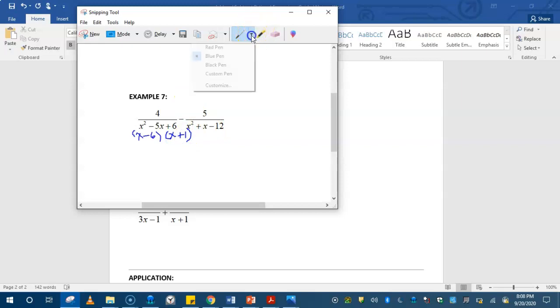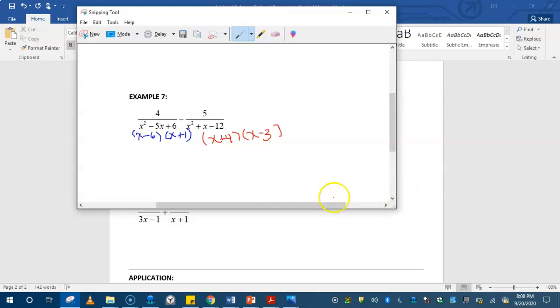The second denominator has to factor, so I'm looking for two numbers that multiply to negative 12 but add to a positive 1. That's (x plus 4)(x minus 3), right? Awesome. Okay, so now I have to find my LCD.